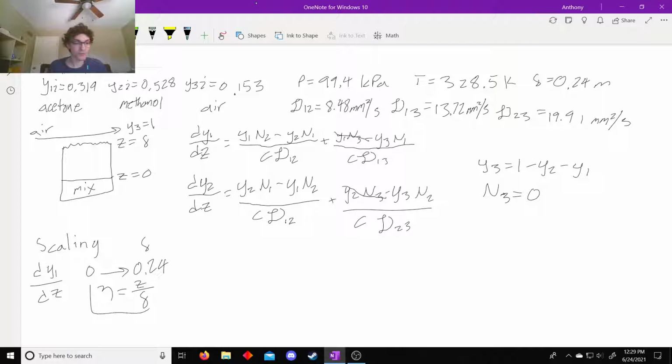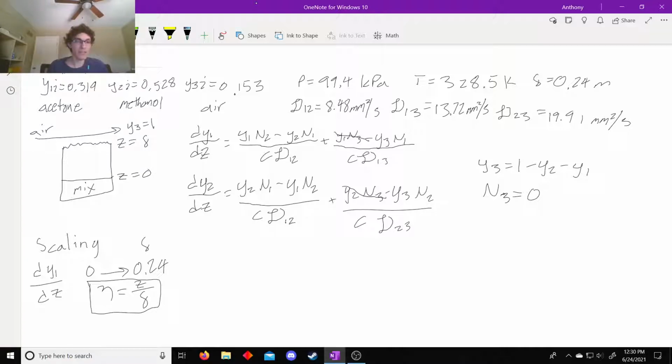And this is really the key to scaling. Because once we do this, our eta is going to go from 0 to 1, because when we divide the independent variable by delta, it will result in values between 0 and 1 rather than between 0 and 0.24.